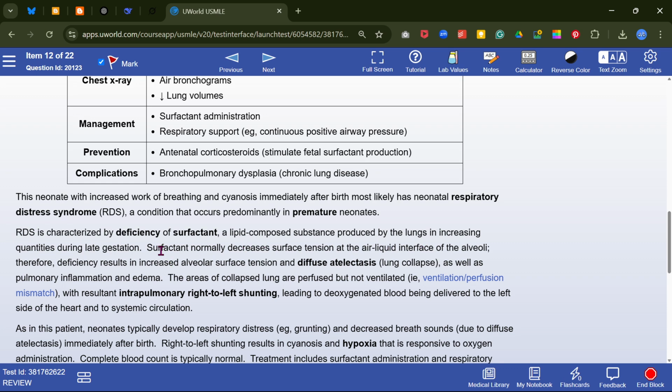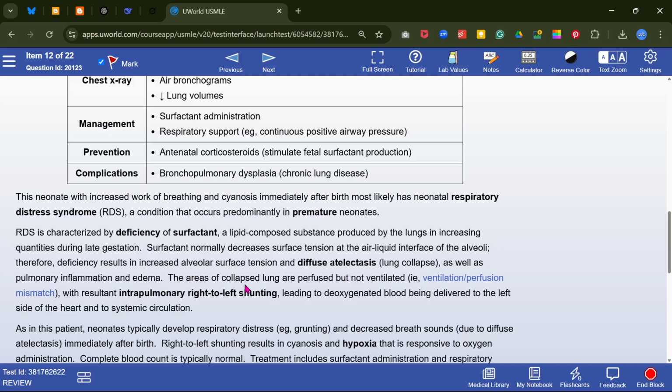Surfactant normally decreases surface tension at the air fluid interface of the alveoli. Therefore, deficiency results in increased alveolar surface tension and diffuse atelectasis, lung collapse, as well as pulmonary inflammation and edema. The areas of collapsed lung are perfused but not ventilated.